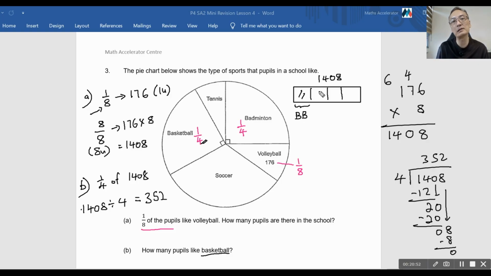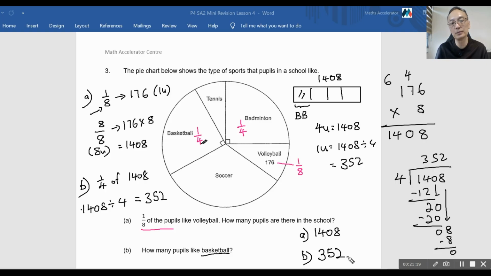So in order to find this, same thing, 4 units is equal to 1408, and for 1 unit, we will take 1408 divided by 4. Based on our calculation, we will have 352. So let's write our answer over here. Part A, the answer is 1408. And part B, the answer will be 352.